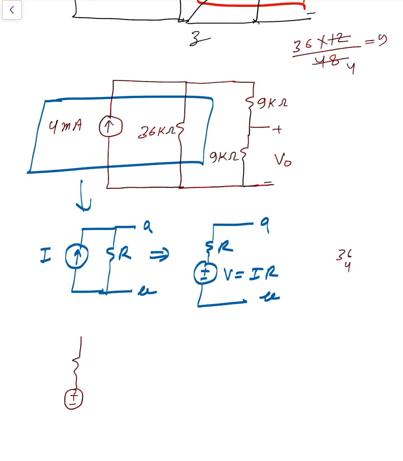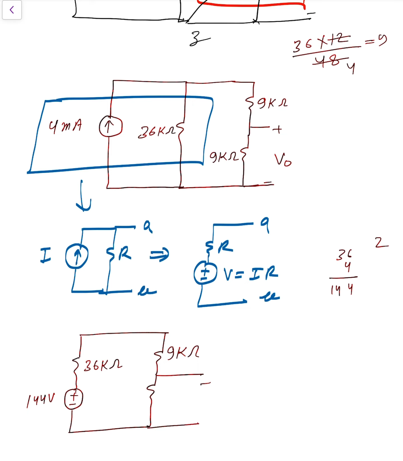So 36 into 4, 144 volt, and that one is 36 kilo ohm. After that, that is 9 kilo ohm, and that one is plus minus V naught, and that is 9 kilo ohm.